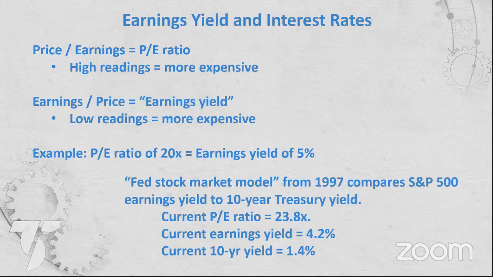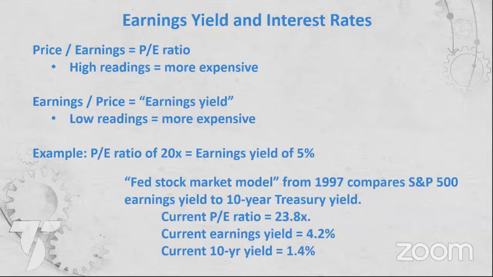So over the weekend, when I set up this PowerPoint, the PE ratio of the S&P was 23.8, and that goes to an earnings yield of 4.2%. Now, there is a very common valuation model that most strategists use in various ways. They ask, is the S&P overvalued, or is it too high of a multiple?